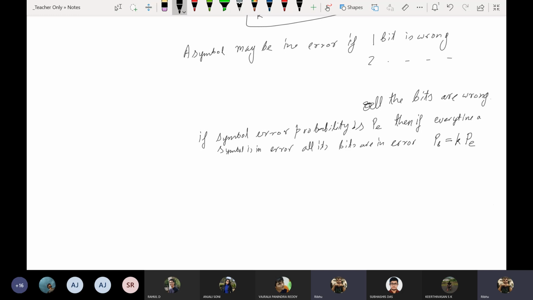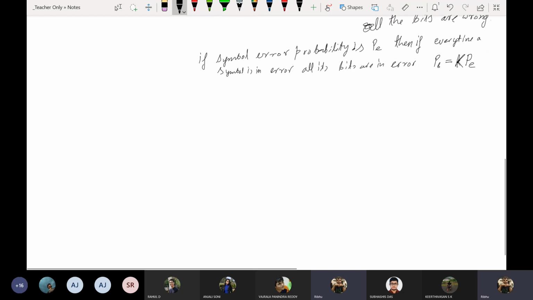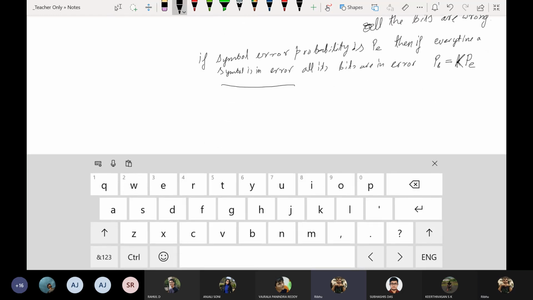Sorry, this should be uppercase K. Fine. So these are the two extremes, and the probability of bit error lies between these two extremes.